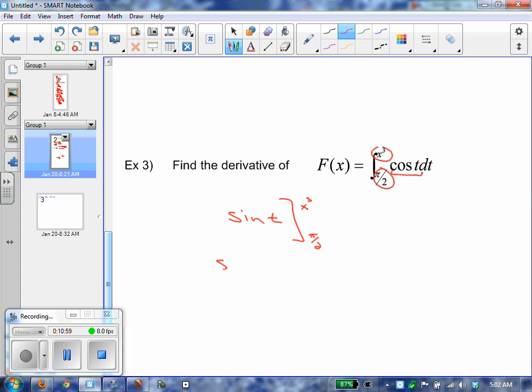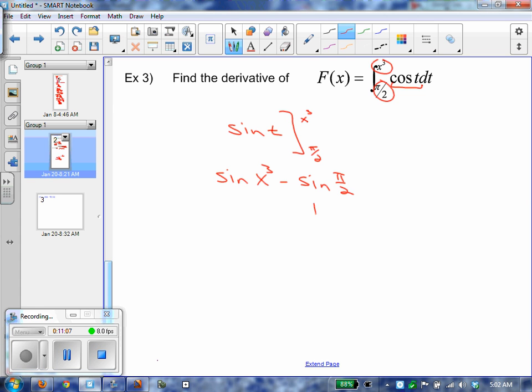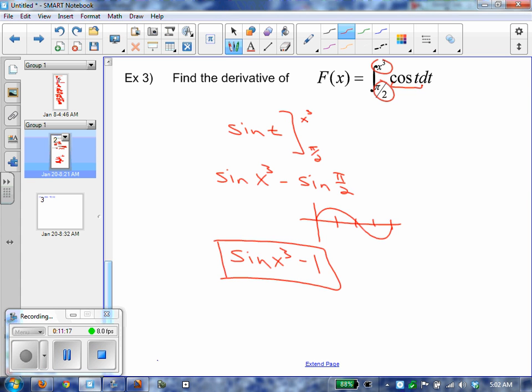So I'm going to get sine of x cubed minus sine of pi over 2. Now sine of x cubed, I really can't do anything about that, but sine of pi over 2 has a value. What is that? 1. So I'm going to get sine of x cubed minus 1. Pretty easy.